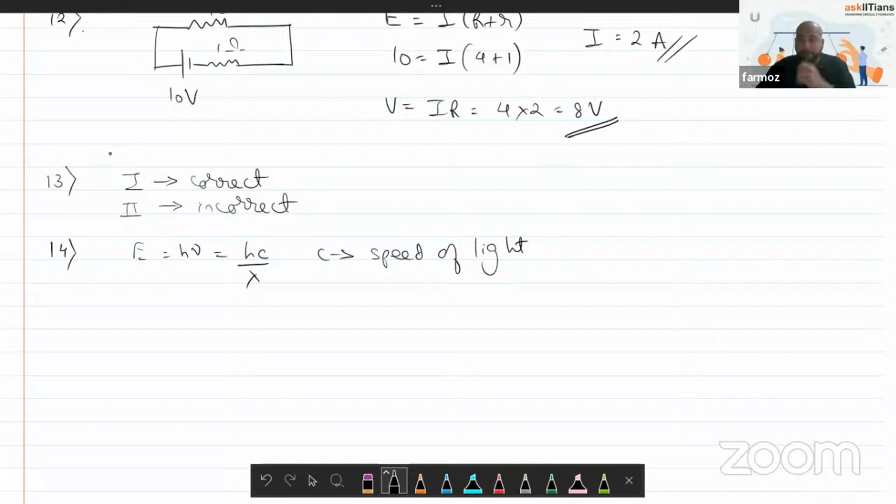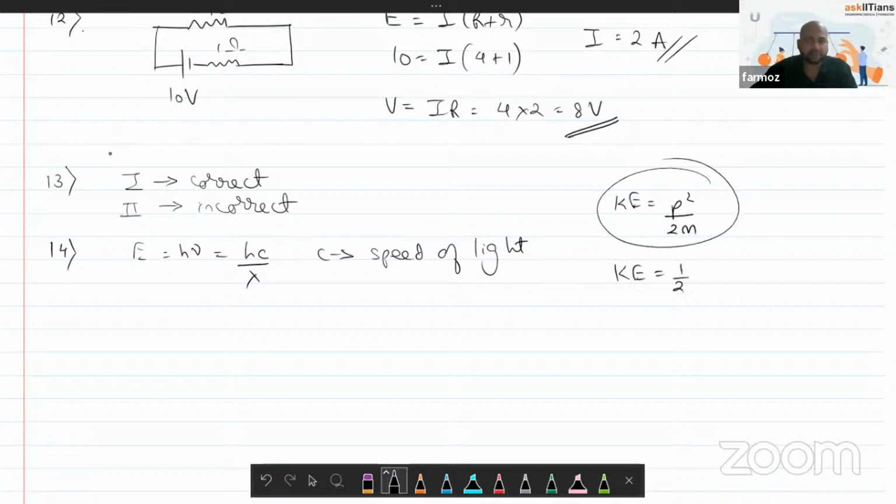Okay, so now see, when I'm talking about momentum, what is momentum? You can get momentum from the formula that kinetic energy is equal to p square by 2m. This is one option. The other option is kinetic energy is equal to half mv square.